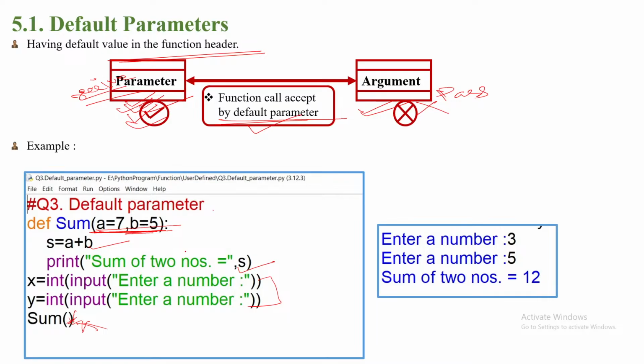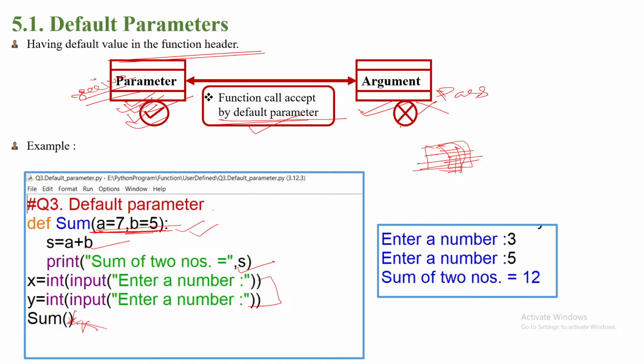Clear? Just like in records, you can try to understand that sometimes in any one cell it is nil, so we put in some default value. Clear? Same thing here also, we are passing some default parameters. So in the default parameter, what you need to remember?